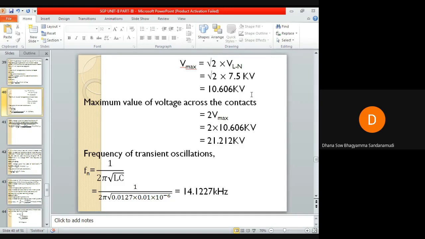So that is 2Vmax. 2 into Vmax, you already know 10.606 kilovolts. Just multiply it, you will get 21.212 kilovolts, the maximum value of voltage across the circuit breaker, or I can say the maximum value of restriking voltage.